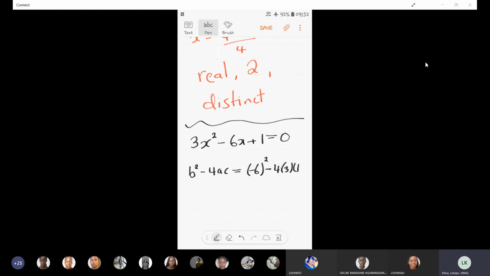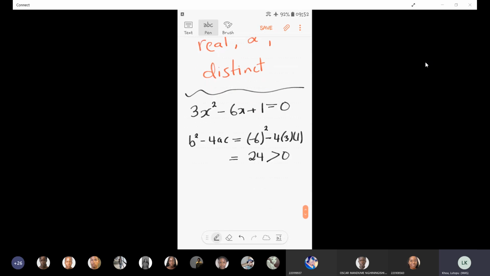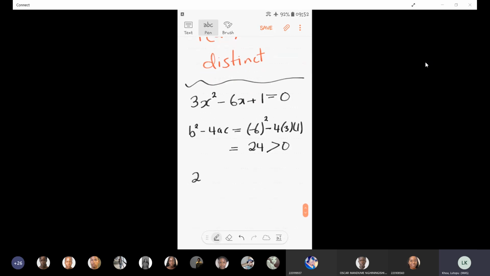Work it out: 6 squared is 36, 36 minus 12 gives you 24. And 24 is greater than 0. Then from there I can say I have 2 distinct real roots.